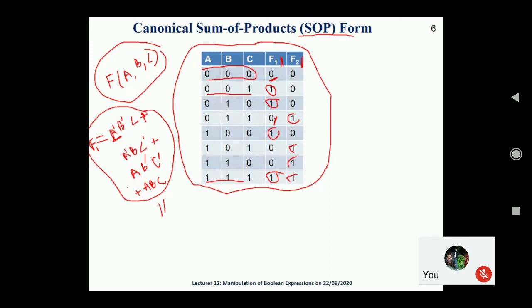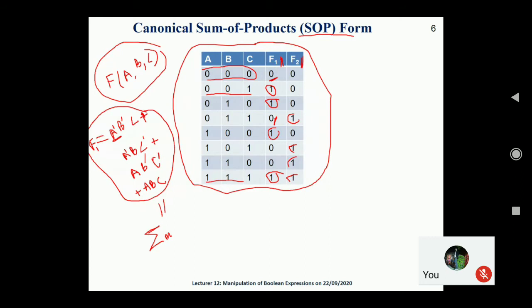Now see here, suppose I am considering F1 in the sum of products form. This particular expression generates some particular unique representation. How can we assign that unique representation? Some books use only the summation symbol, and some books also use M, subscript small letter M. So you can use both.